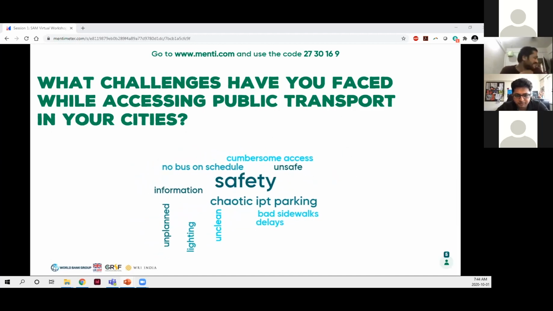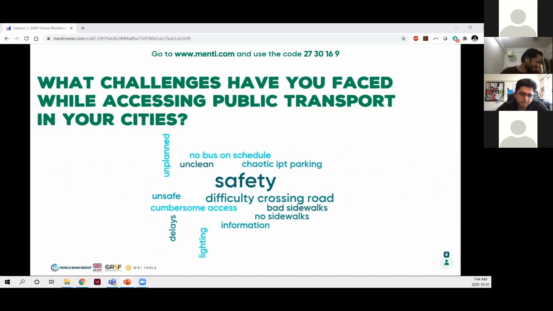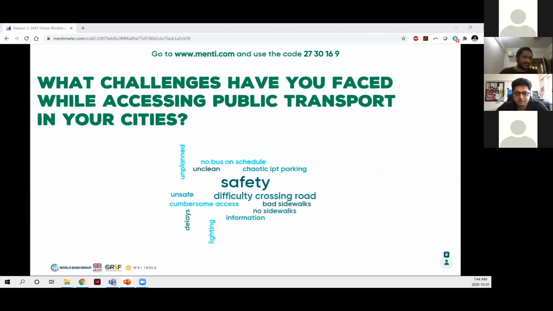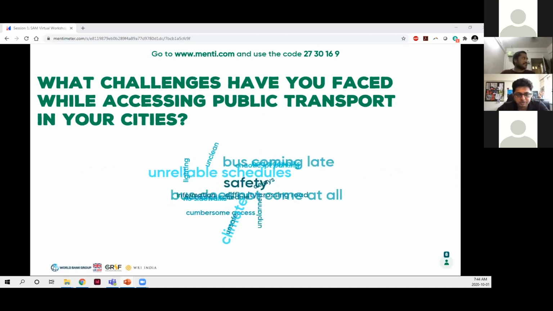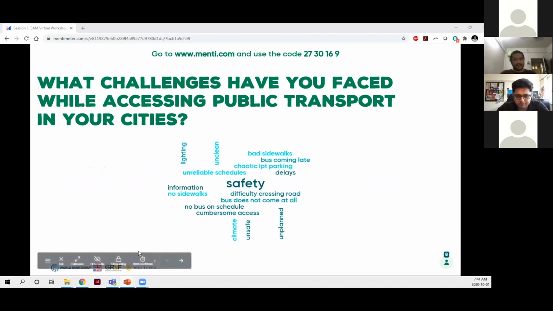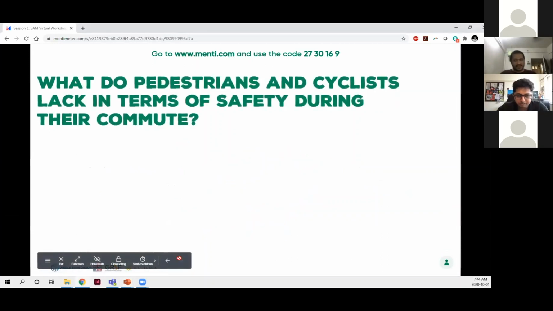Then we have safety as a concern, which is usually implied not just for men, but also women and other vulnerable groups. Unplanned, unsafe, cumbersome access, delays, information about the buses or mass transit. Yeah, that's interesting to know. Thank you.